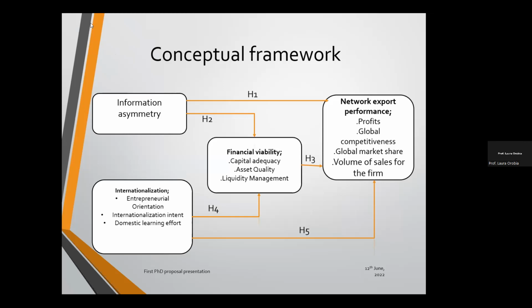The conceptual framework, while you are saying that you used existing measures, I'm still finding a challenge with your work. Some of the things are heavy. Information asymmetry, I agree with you, it's unidimensional. We'll leave that. We go to your DV, network export performance.